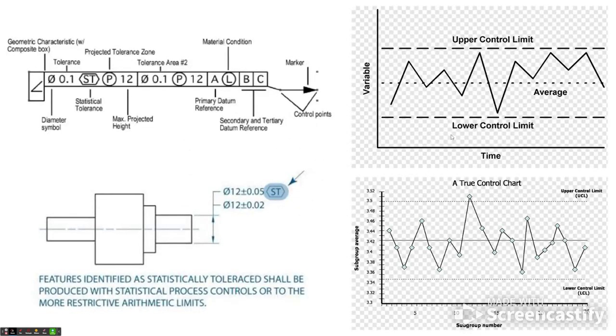Some additional tolerance zones here as we really start to spell these out. You're really going to need to get to know what all of these symbols mean. And again, you can take a look at some of the variables here with our upper control limits, lower control limits. A lot of this is going to be, if you are in the inspection room and inspection department, something you're definitely going to be paying a lot more attention to.